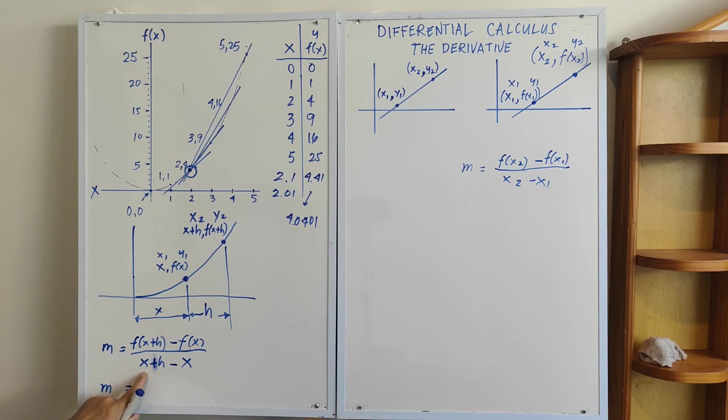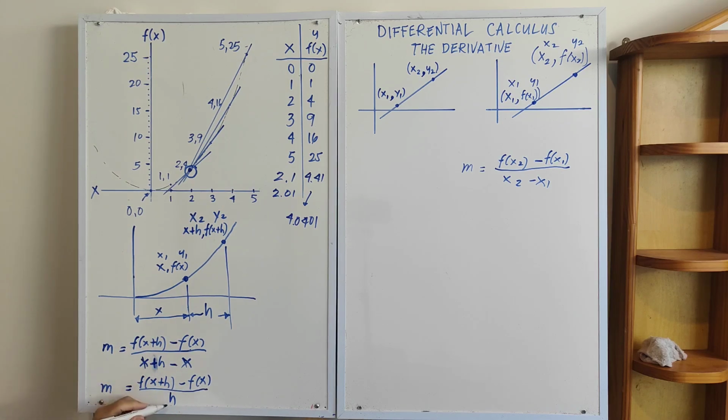Now in here you have an x and then you have a minus x, so you can cancel these out. What you have left in your slope will be f of x plus h, minus f of x, over h.